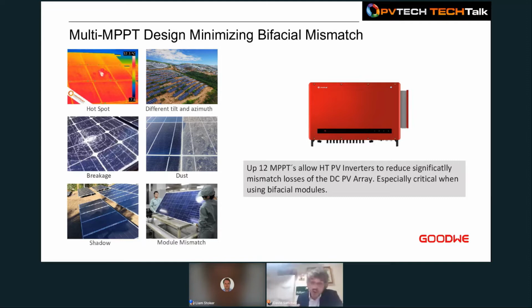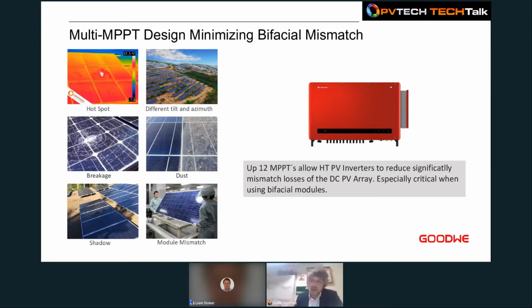Only with the multi-MPPT topology can you take the most out of bifacial modules. And that makes sense, because with bifacial there is a huge uncertainty when it comes to the rear side, to the albedo. Two tables that are only 10 meters apart can have different IV profiles, right? Let alone strings that can be 400 meters apart.